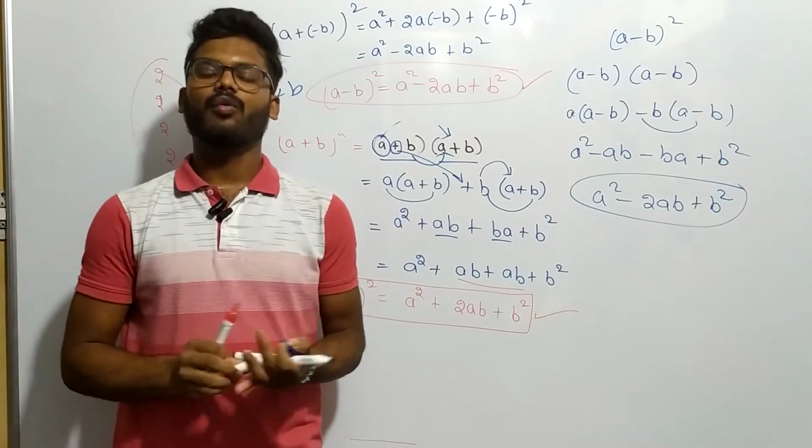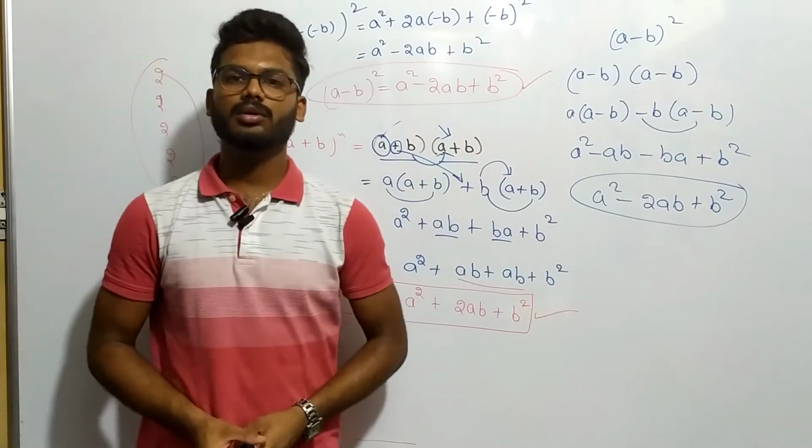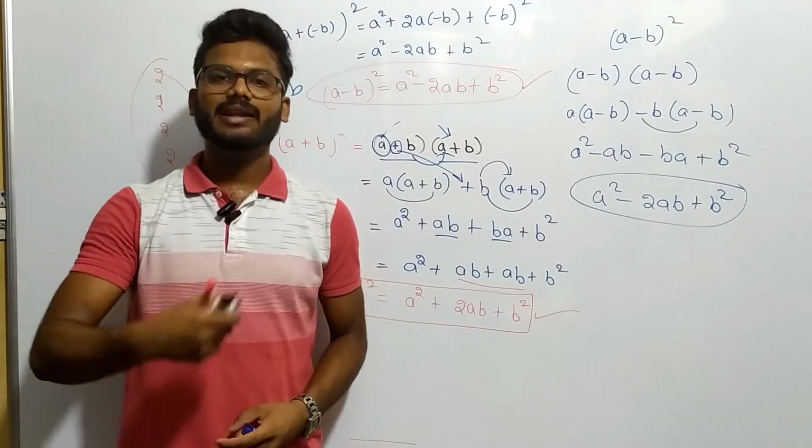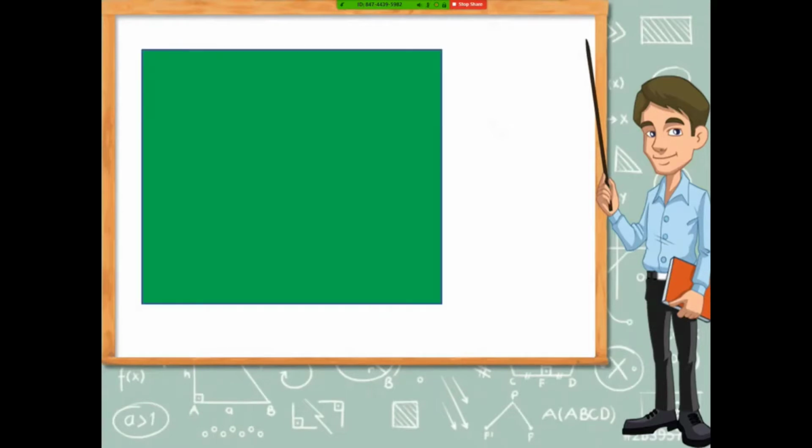Okay, and one more way you can derive this formula is through the area of a square. Let us see this method. Now I am taking a square of length a plus b. This side of the square is a plus b units.